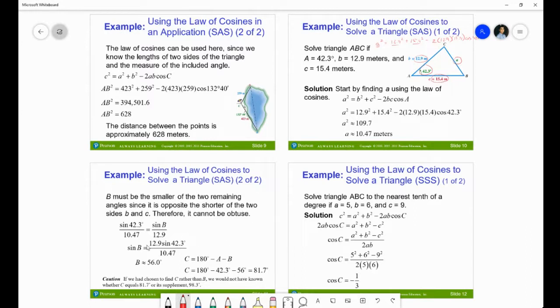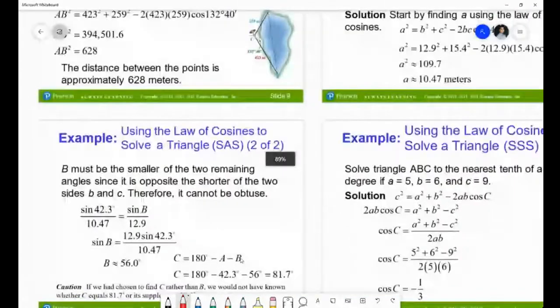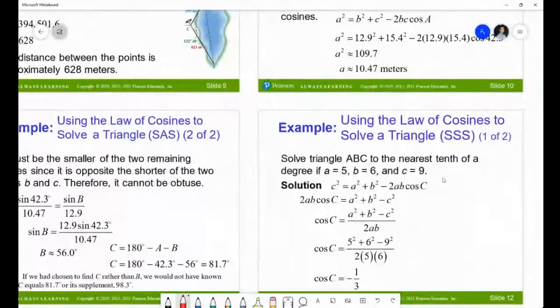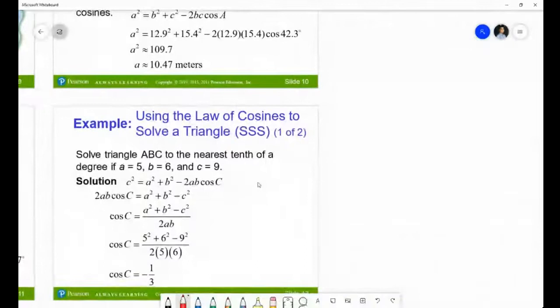All right, so next we're going to look at solving a triangle that has 3 sides and solving for one of the angles. All right, so solving the triangle ABC to the nearest tenth of a degree.